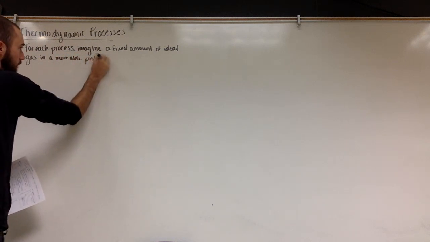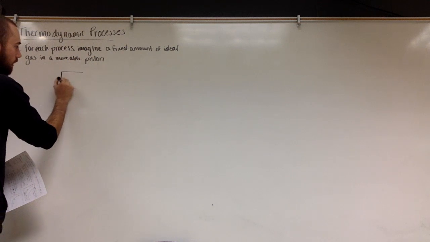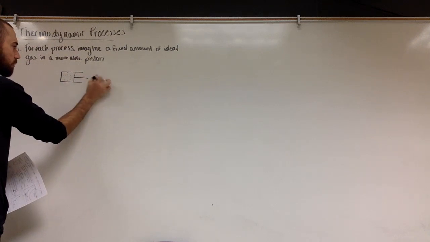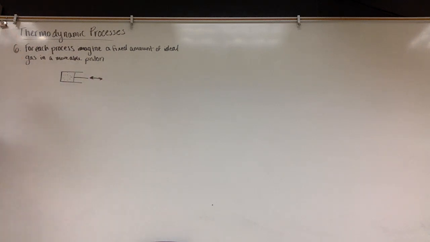This is kind of like what I talked about in the last set of notes. Imagine here we've got some gas in there, we've got our particles moving around, and there's a piston here that can be moved in or out either way.